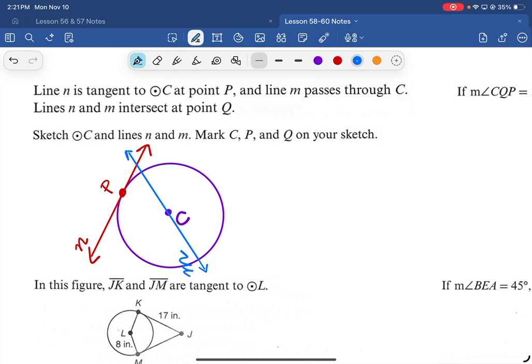M. And the point at where it touches line N is called what? What's that point? Q.